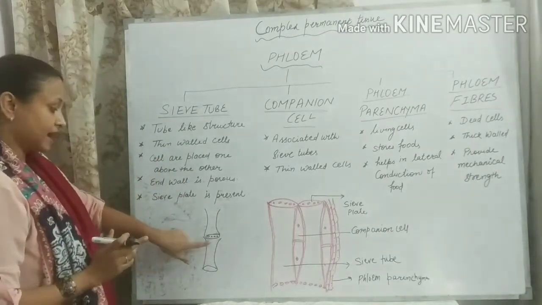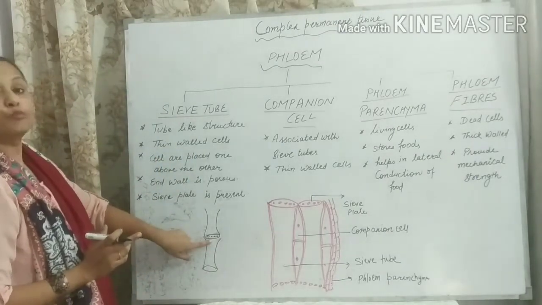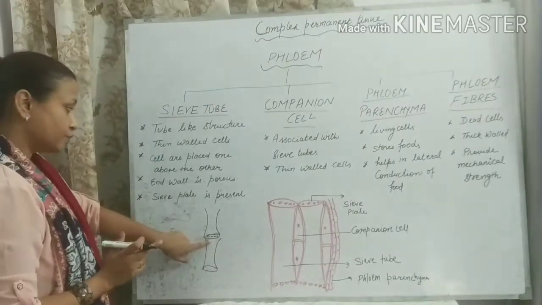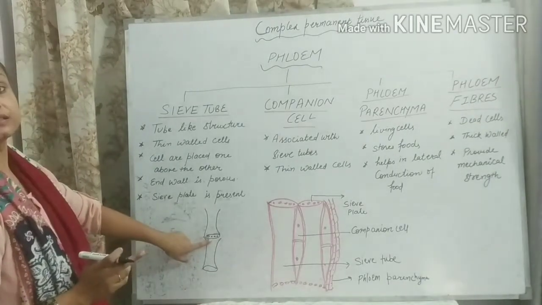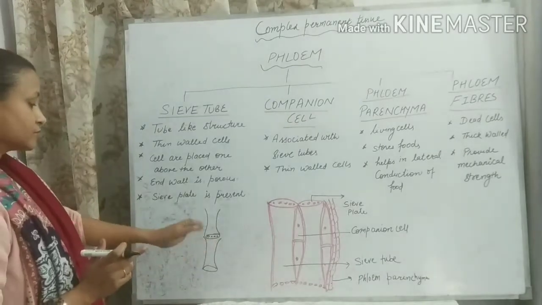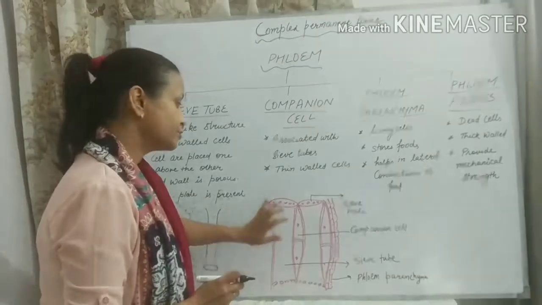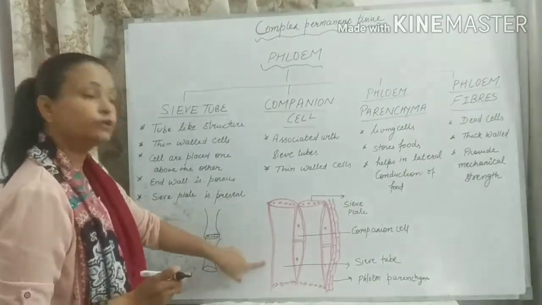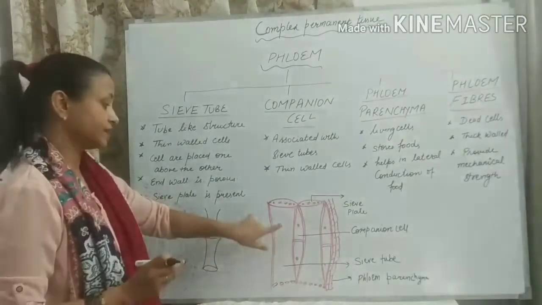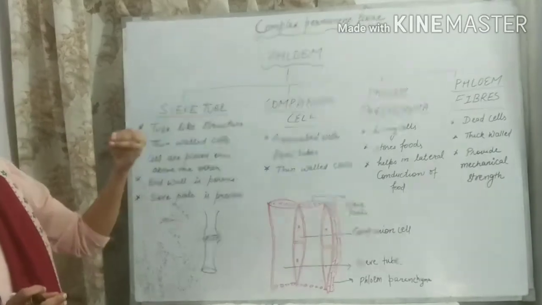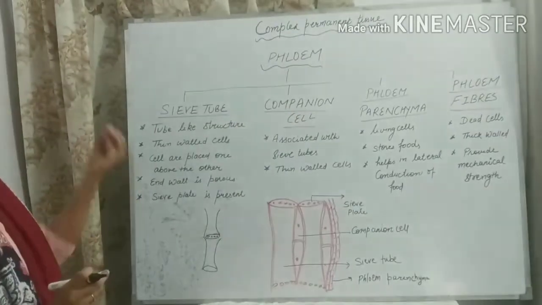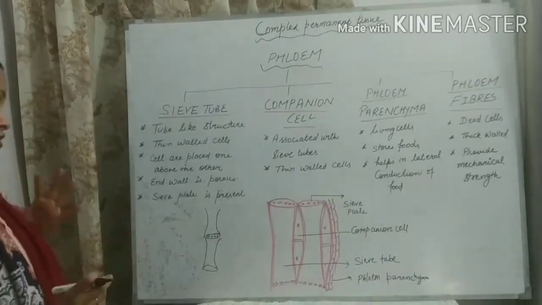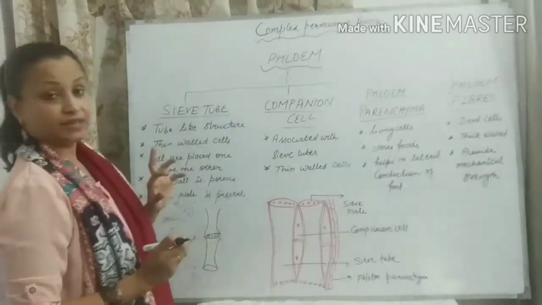So the end of one cell is porous, and because of the porous end, this is known as the sieve plate. Okay. So the sieve tubes are living cells. They have thin walls, they are living, and they are generally involved in the conduction of food, basically in the vertical direction.